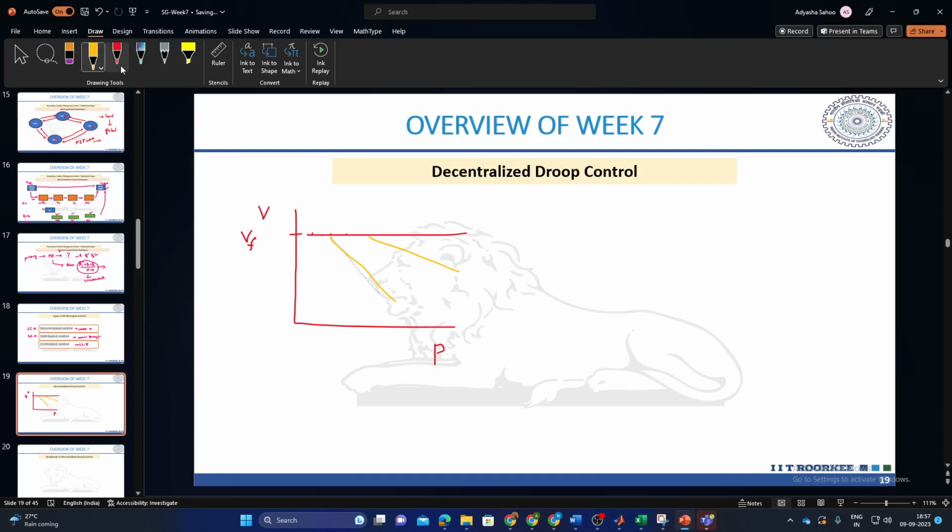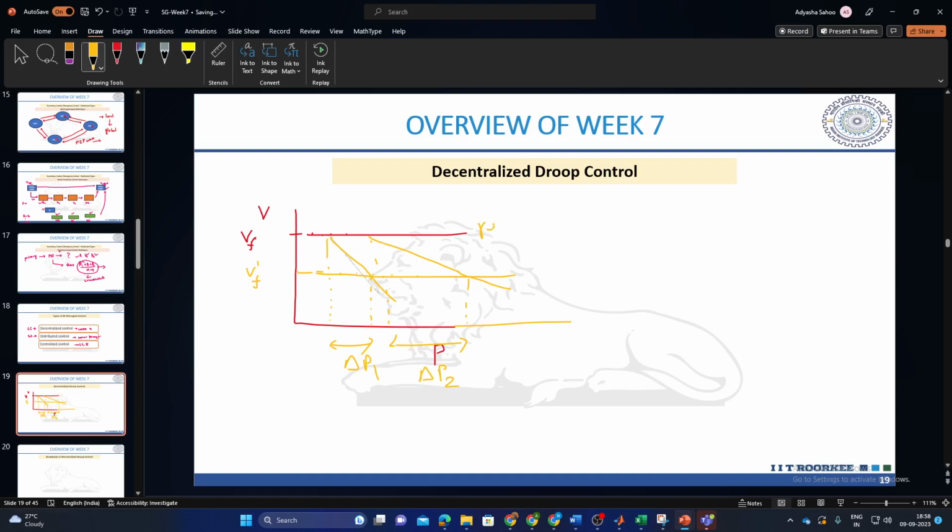And accordingly, let's say we reached a new operating point VF dash, and this is due to the increase in load, delta P1, and this was delta P2.